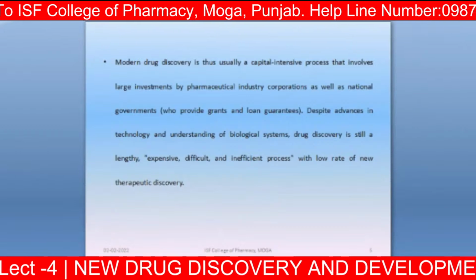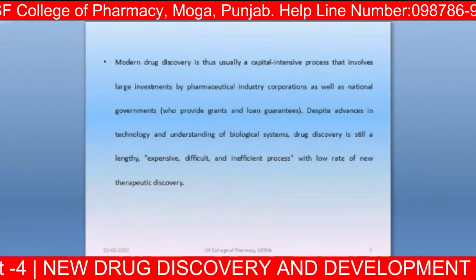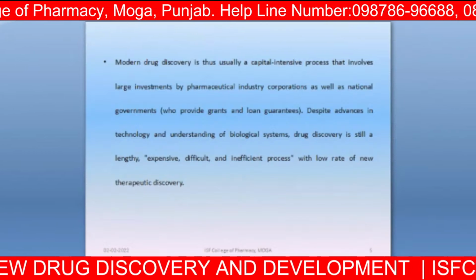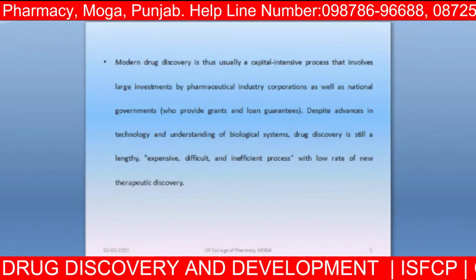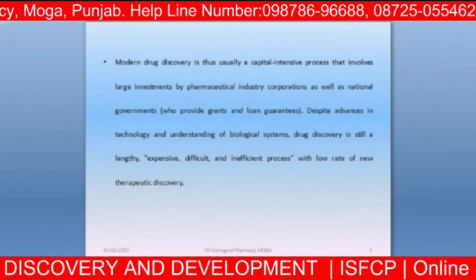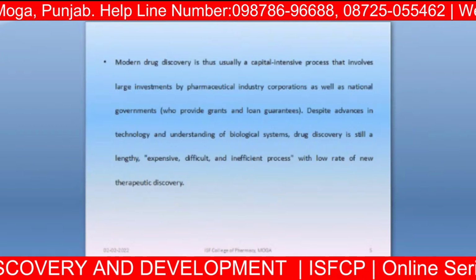R&D, that is research and development, and also the basic team, the lab workers, are there. So we can say that a huge amount, in the form of billions of rupees, is required for the same.